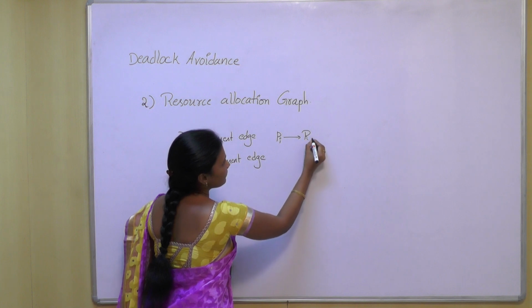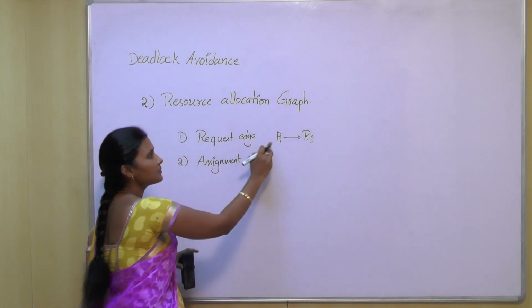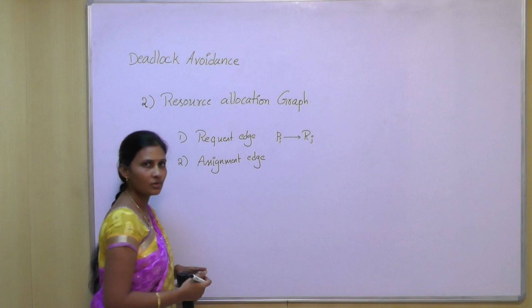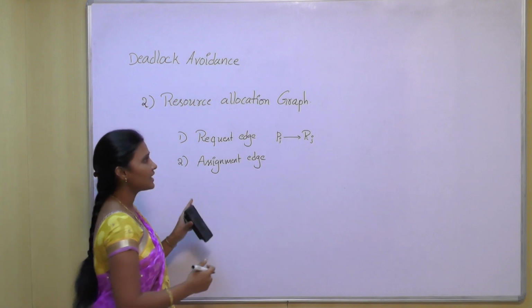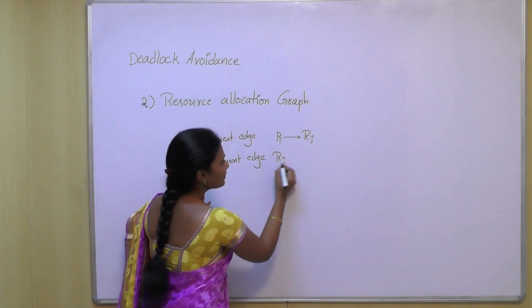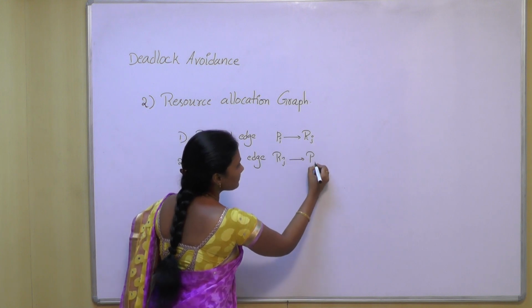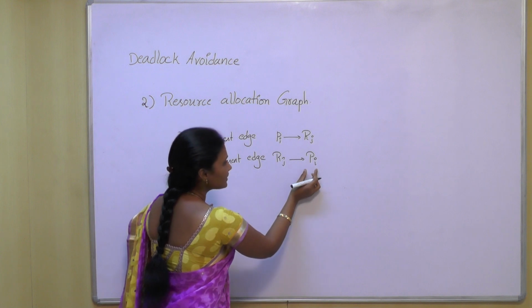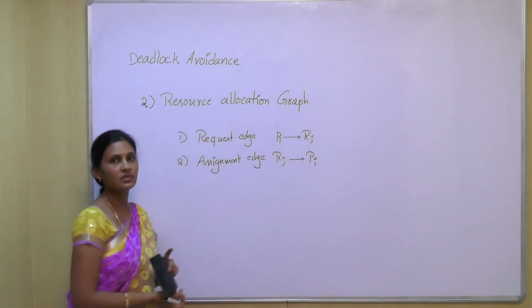That means process P1 requests resource Rj. Coming to the assignment edge, it goes from the resource to the process. This means process P1 holds the resource Rj.